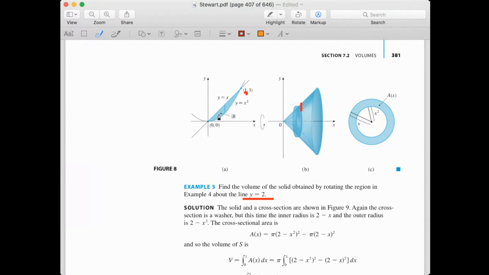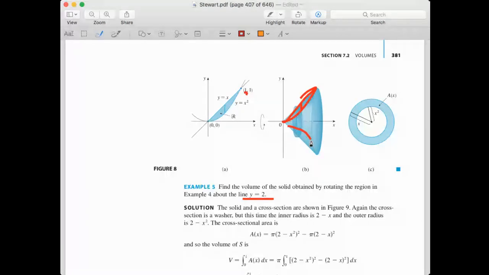Let's check this one. We have this region, then we can rotate this region over the x-axis, and we would get this 3D object. But the volume we want to find is only this solid part, only this and the bottom one.